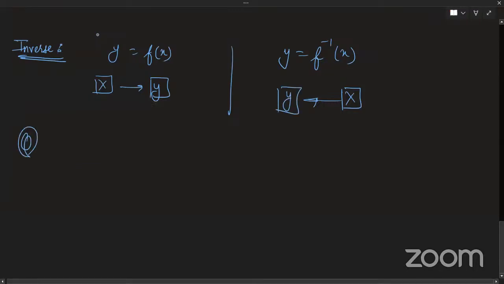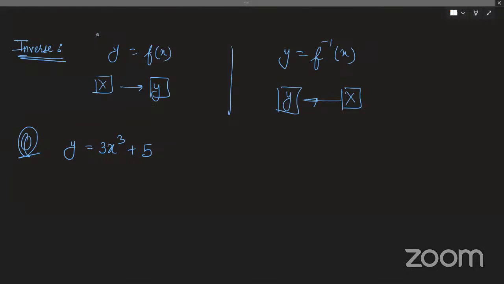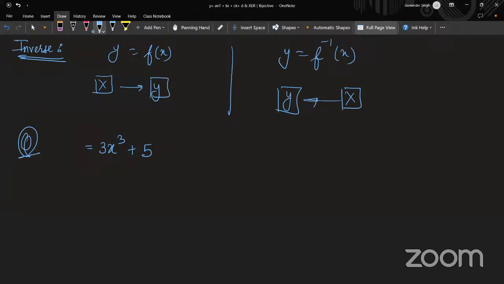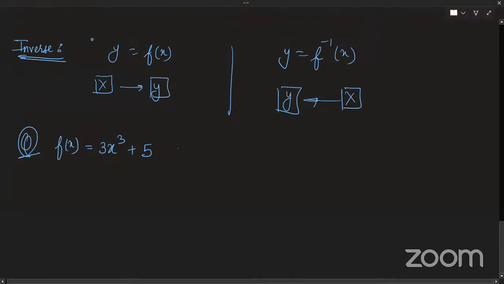So just for an example, let me take f of x as 3x cube plus 5. So this is my function f of x. Instead of writing y, I will write it as f of x. And f is a mapping from all real numbers to all real numbers.